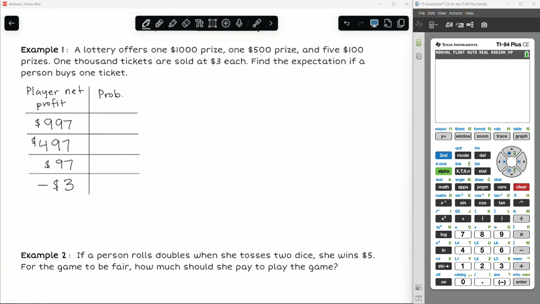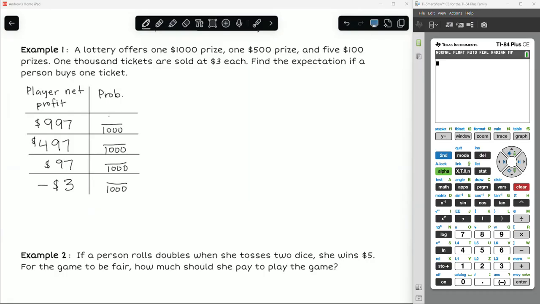And now I need to figure out how likely it is for each one of those outcomes. So they told me that there were 1,000 lottery tickets. So I know that all of these fractions are going to be out of 1,000. And then I look at how many there are.